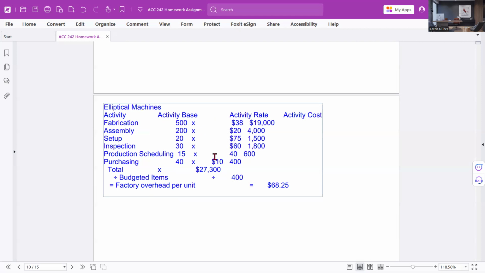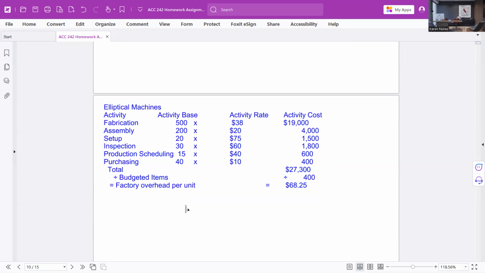Divide by the volume, and that will give us the cost per unit. Good enough.